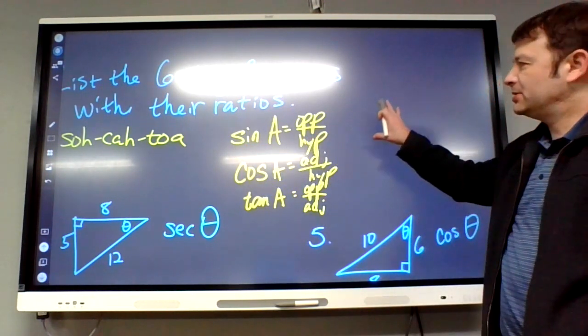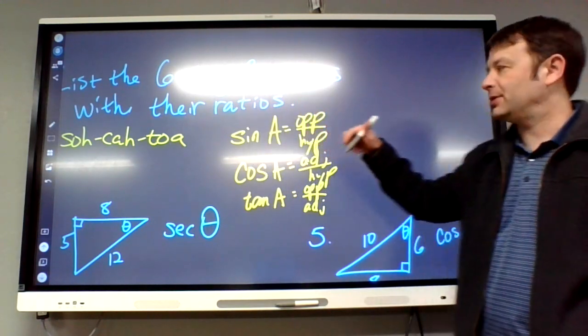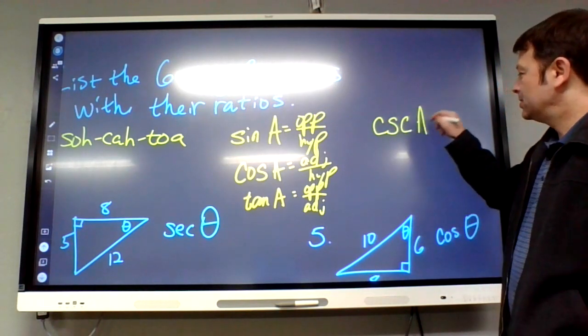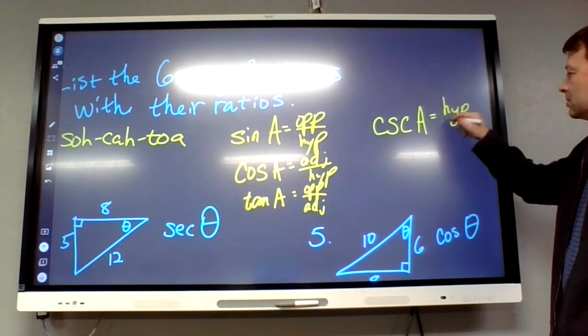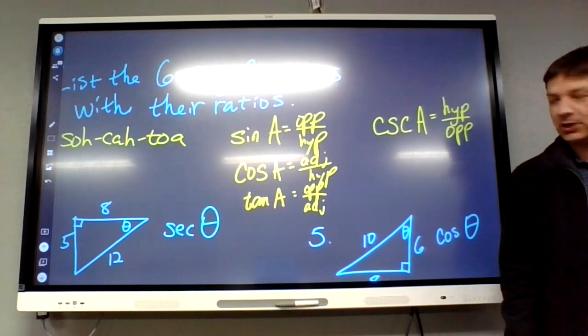What is the reciprocal function of sine? What goes with sine? It's called cosecant. And cosecant is just sine upside down. So it's that. What goes with cosine?